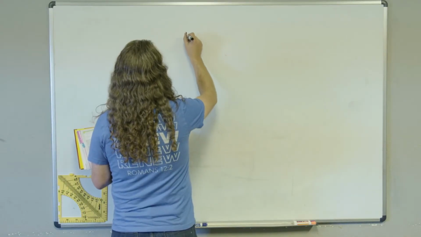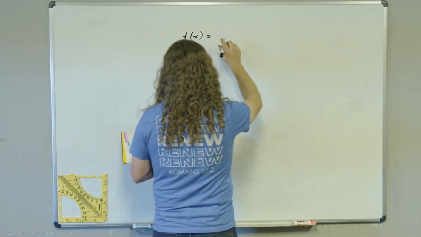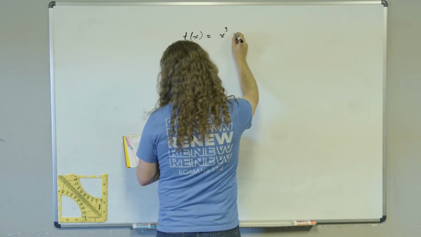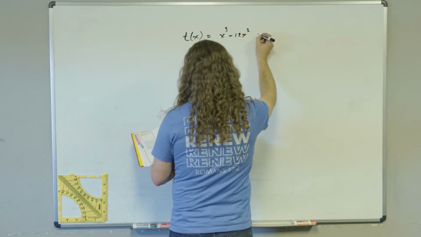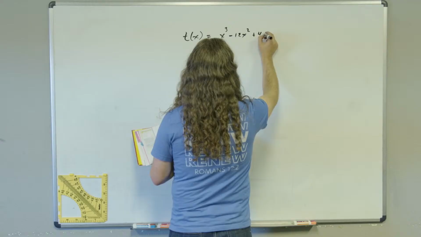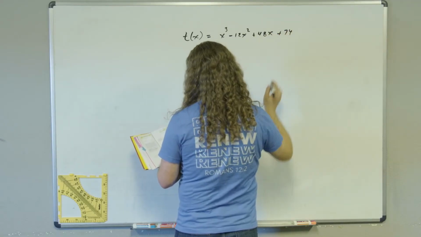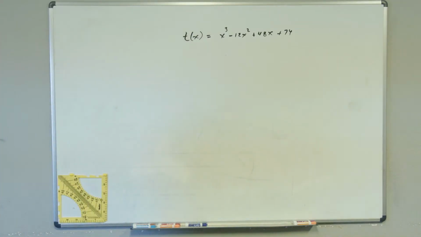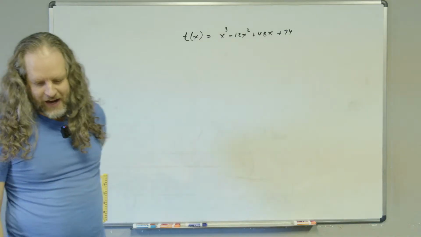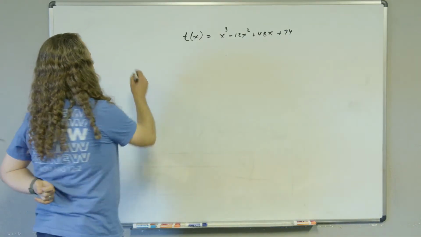For the polynomial t of x equals x cubed minus 12x squared plus 48x plus 74, we are going to use synthetic substitution to find t of 13.